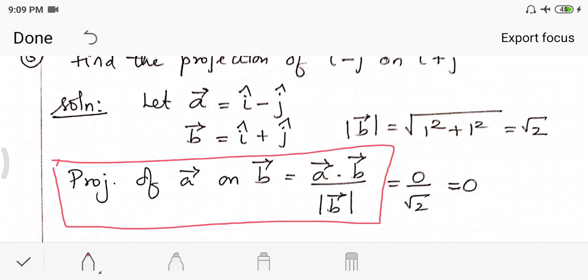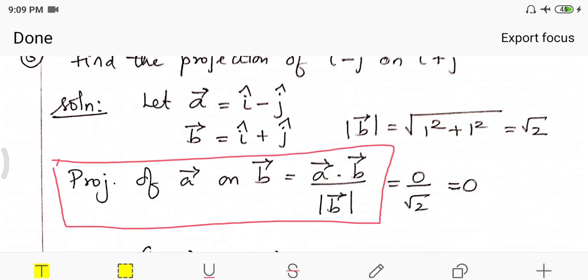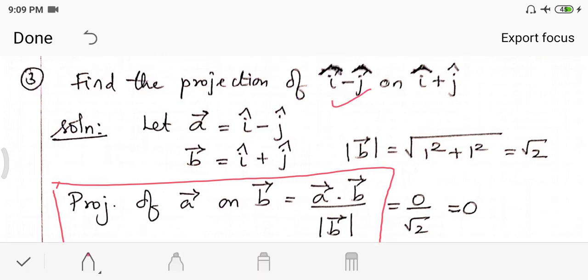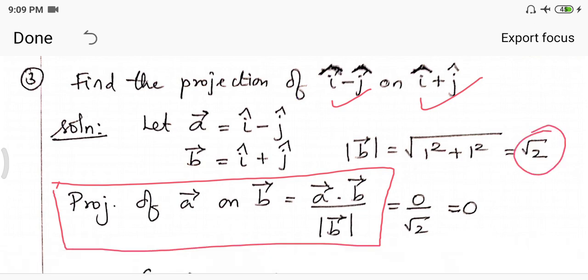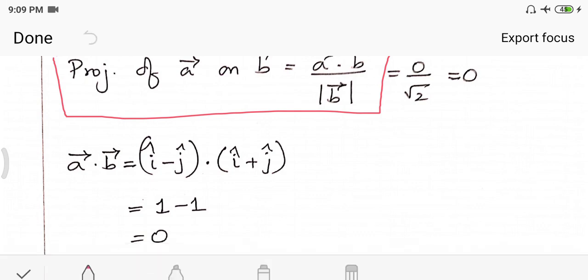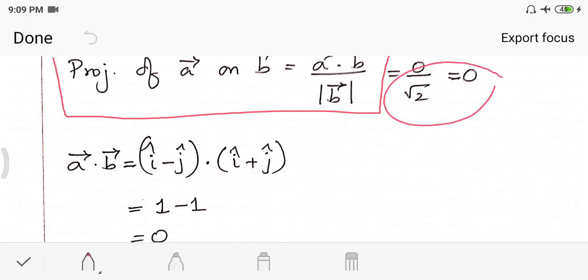You take the given values, the first one as a vector and the second one as b vector. So we will find a dot b, then we will find modulus of b and substitute. Modulus of b I have found here is root 2. Then we find a dot b. A dot b we get 0. So 0 by root 2 will give 0. So the projection of a vector on b vector is 0 as the final answer.